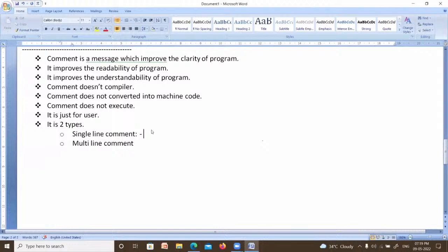You start with slash and star, then write the multi-line comment, like this is an example of a multi-line comment in multiple lines. Finally you write star and slash. So this is about multi-line comments. In this way, you can write comments in two ways: single line and multi-line.